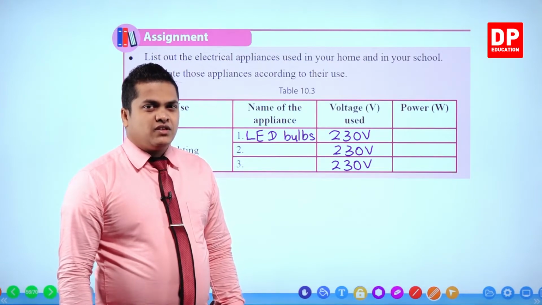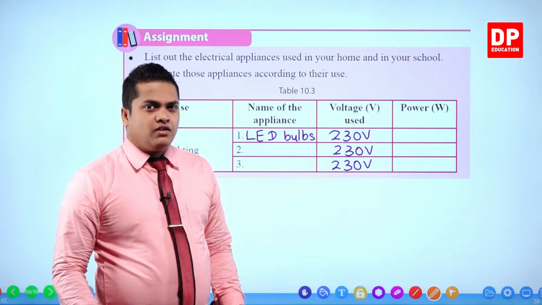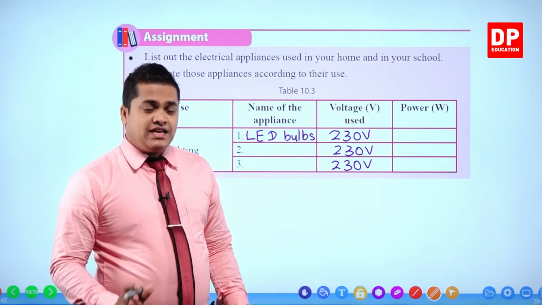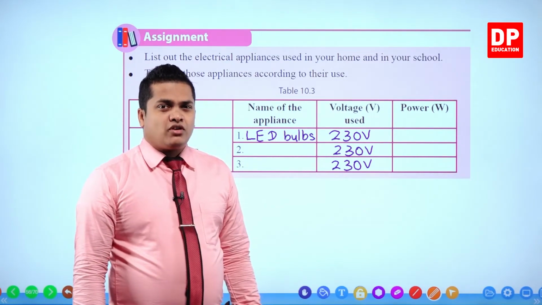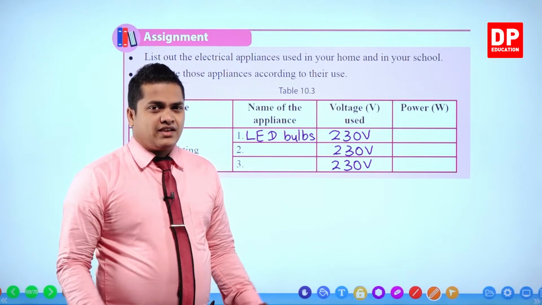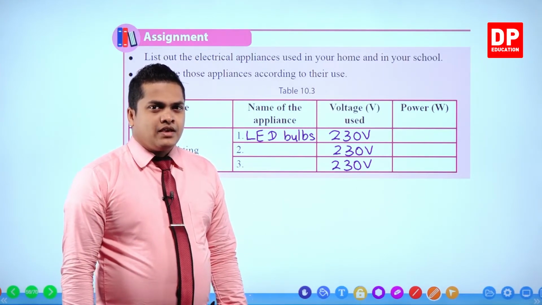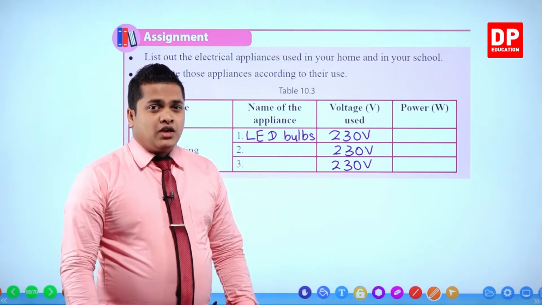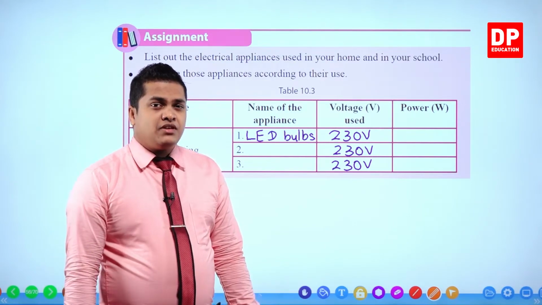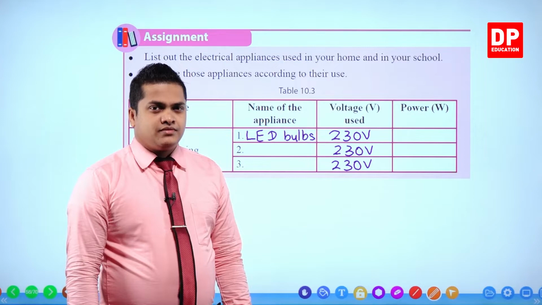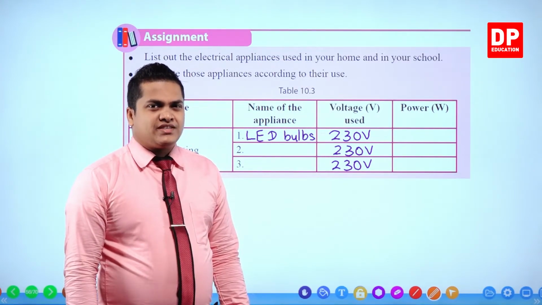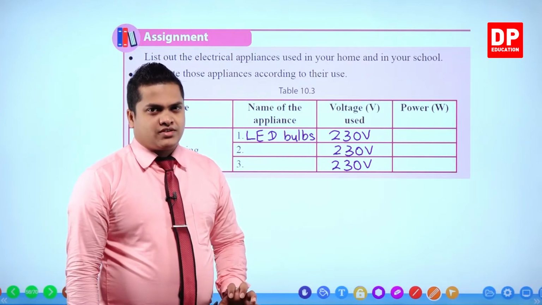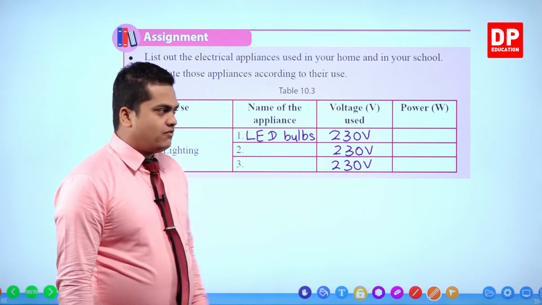Normally we use 12 to 15 watt values. 18 is also there, but usage of 18 watts is very rare. In order to light up a larger environment, we use 18 watt LED bulbs. So usually it's around 12 to 15 watts.